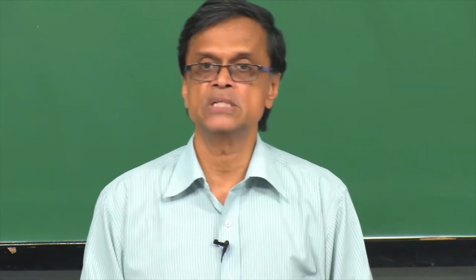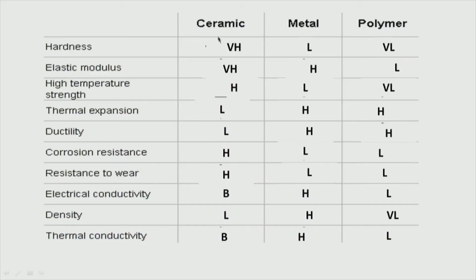This particular table I showed a long time back, comparing ceramics, metals and polymers. As you can see, hardness: ceramics have very high, metals low, polymers very low. Elastic modulus very high, polymers are low. High temperature strength: high, low, very low. Thermal expansion: ceramics do not expand at all, whereas metals will have very high thermal expansion, polymers also can. Ductility is very low, because we can't make shapes out of it.